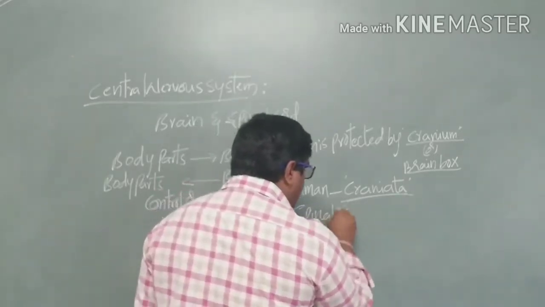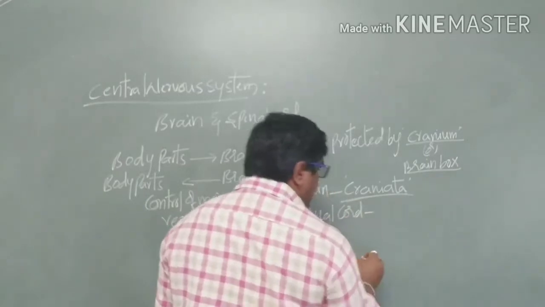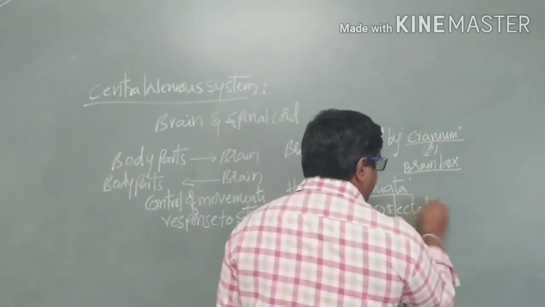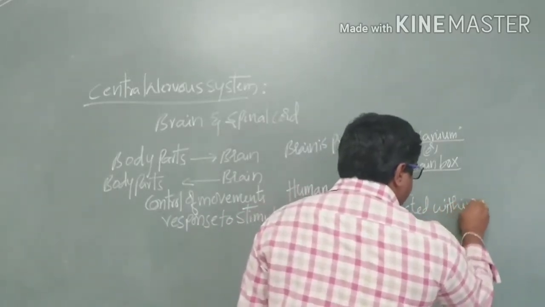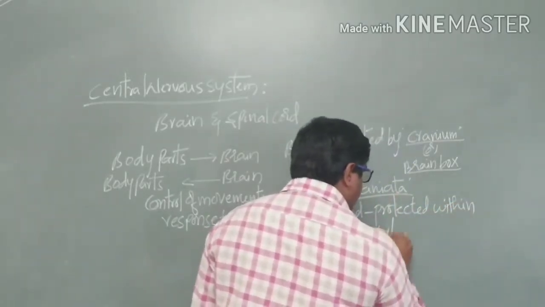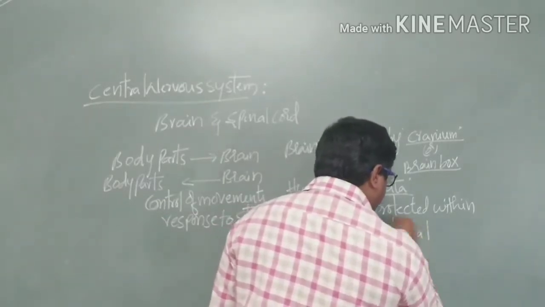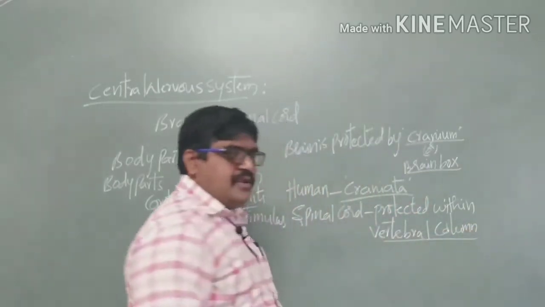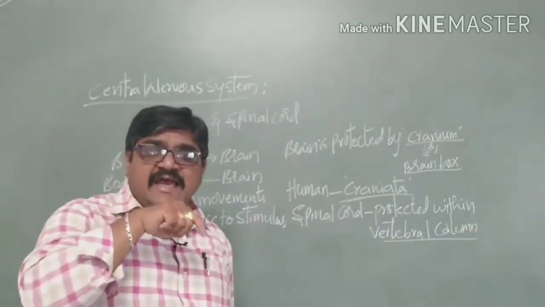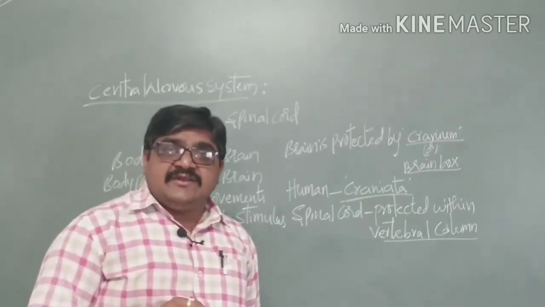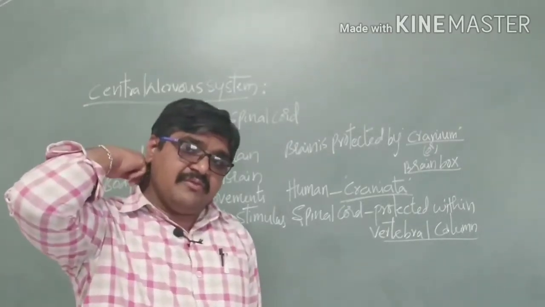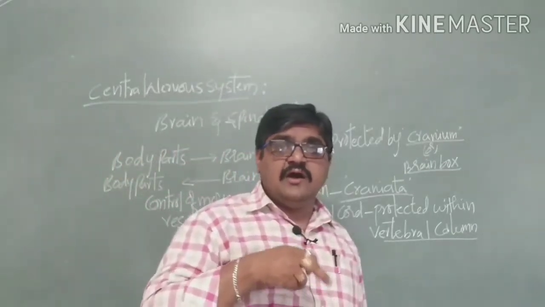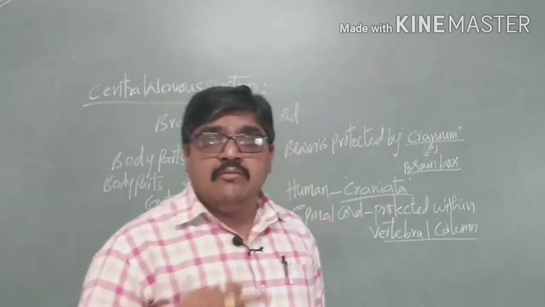The spinal cord is protected within the vertebral column. Inside the vertebral column, the spinal cord is present, where it enters from the end of the brain, that is from the medulla oblongata, and passes through the vertebrae up to the second lumbar region.